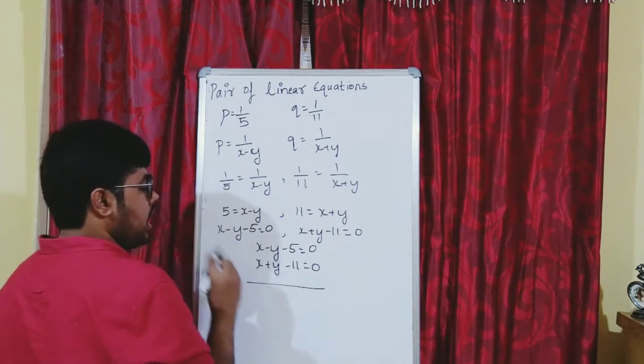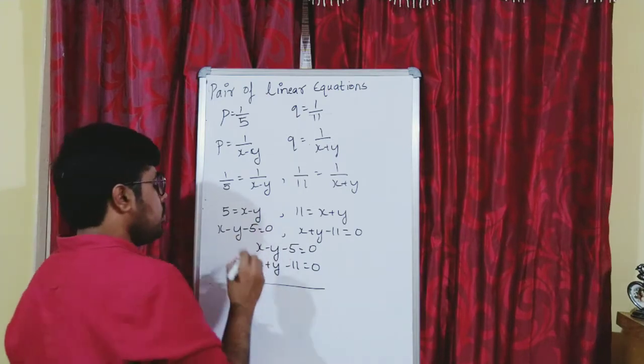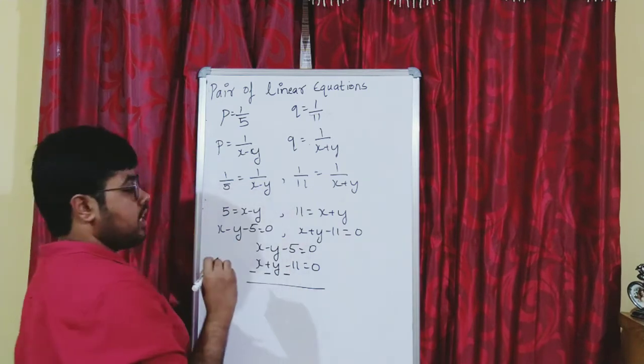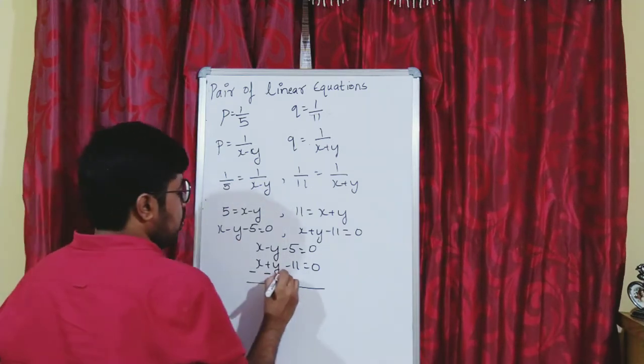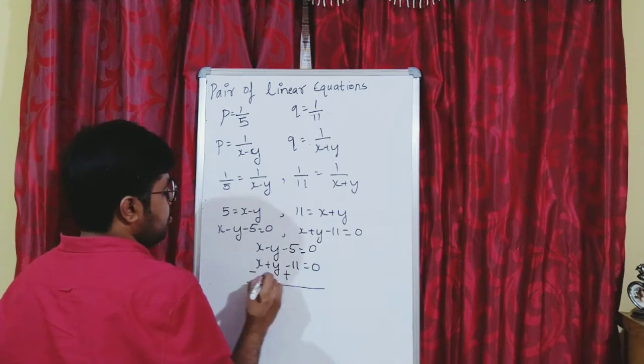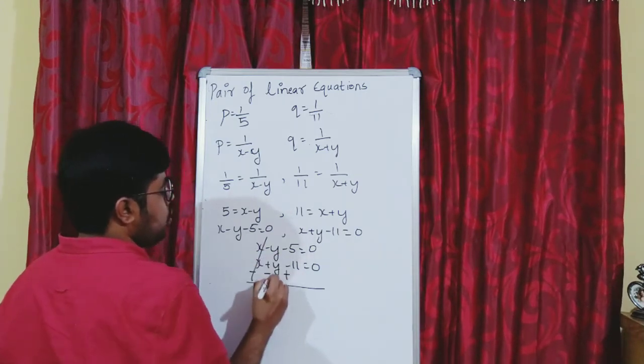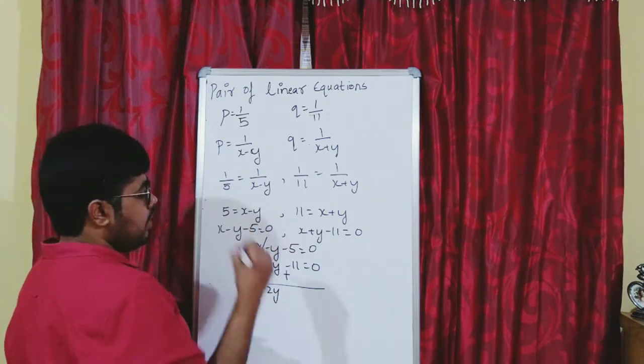Or else if you have learnt only to cancel the x term, you can just change the sign here also. I am changing the sign since you have learnt only to cancel the x terms. So with minus x and plus x, x cancels. Minus y minus y is minus 2y, same sign, add it and put the minus sign.